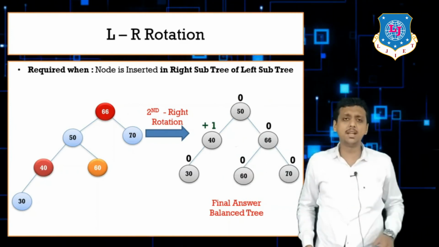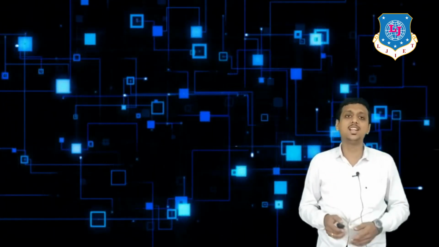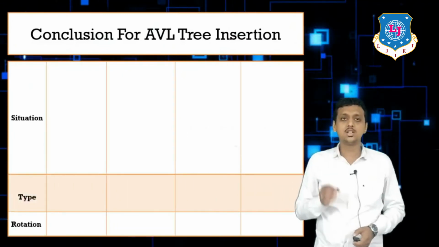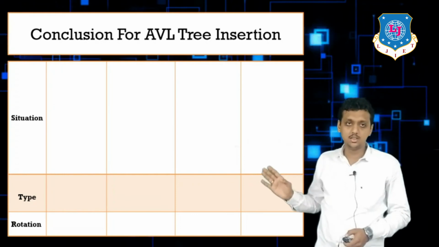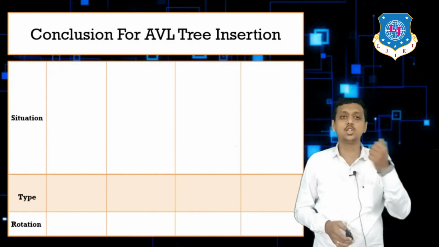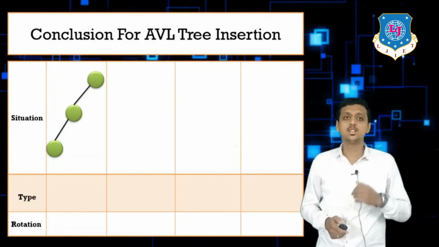So how to remember in exam? That's why I bring you the conclusion of the AVL tree insertion here. See, just focus very carefully. There are situations given over here, and according to the situation you need to apply the rotations on those nodes. Okay, so first we have such type of situation.